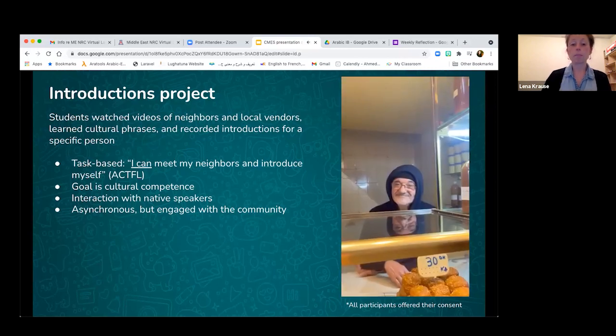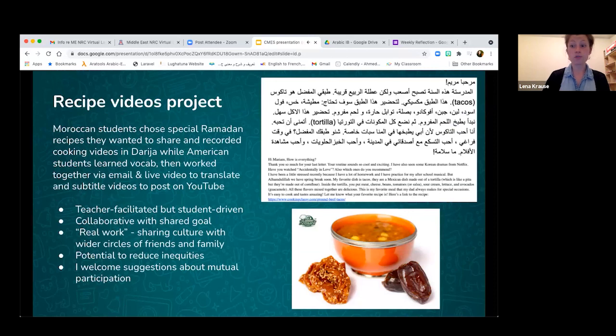The bigger one that we're about to move into grew out of a pen palship that we had with high school students in Tangier. In previous years, they would write letters like this, in Arabic and English. It was a little bit formal, and they maybe didn't get to know each other as well as I would have liked.